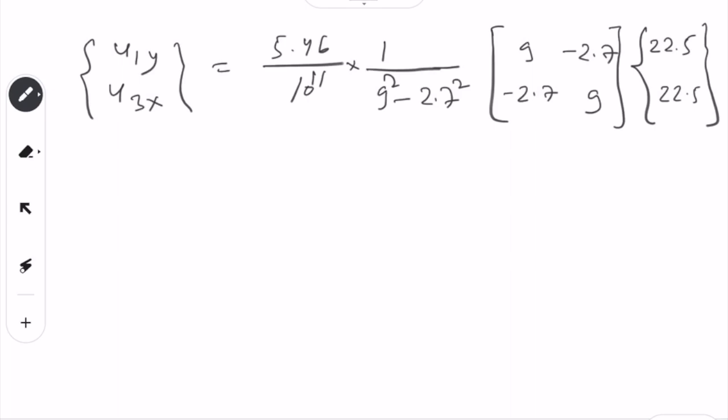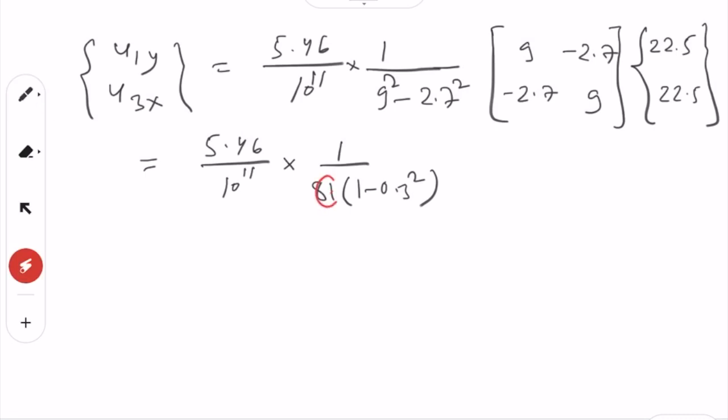Yeah, okay, which is equal to, so this is 5.46 10 to the power 11 multiplied by, we have here 981 multiplied by 1 minus 0.3 square basically. So this is 9 square, this one.